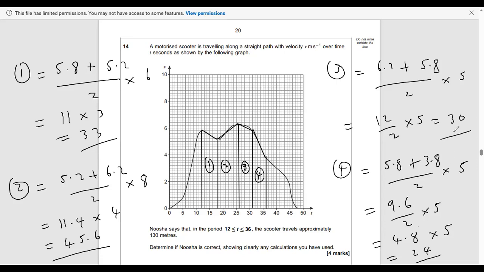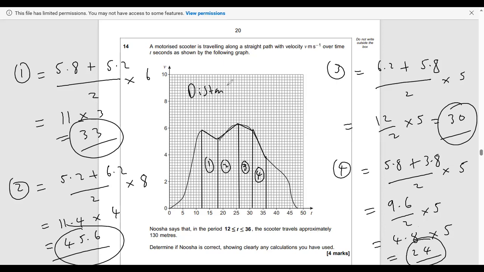So then our total area is going to be that plus that plus that plus that. So our displacement, our distance traveled, I'll just call it distance, is going to be 33 plus 45.6 plus 30 plus 24.